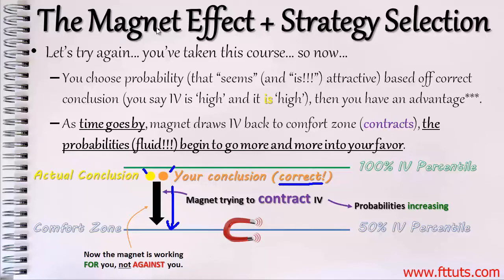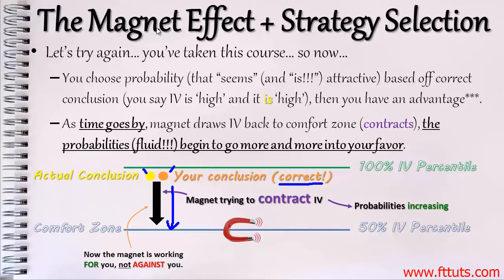So very critical here. Again, strategy selection, if we have the magnet working against us, it's just going to be a disaster, like the blowfish effect had shown. That's pretty much the ultimate example of the magnet working against you if you choose the wrong strategy. But again, had you chosen the right strategy for the blowfish effect, that would have been a beautiful, beautiful options trade. But if you chose the wrong one, well, you get the point.